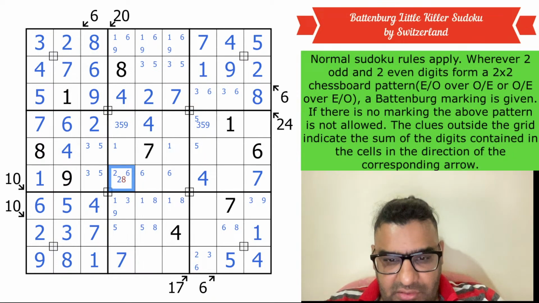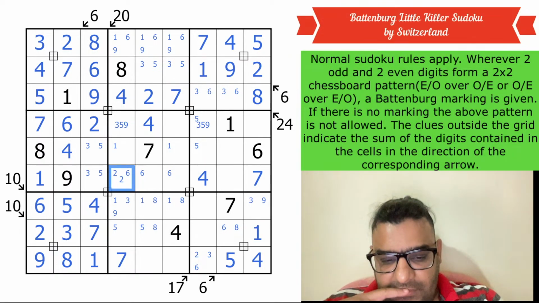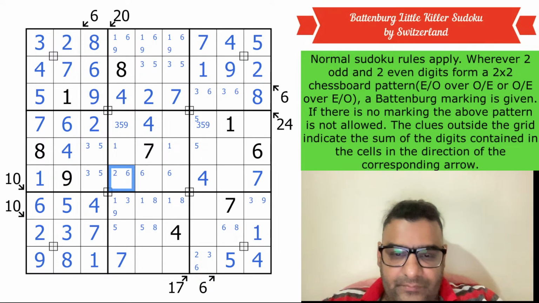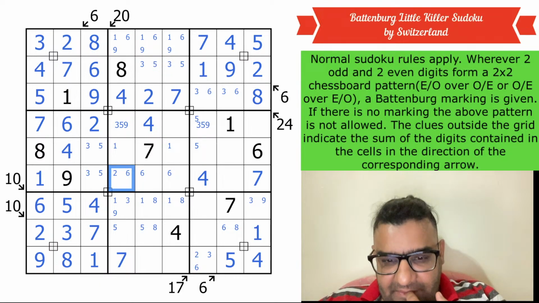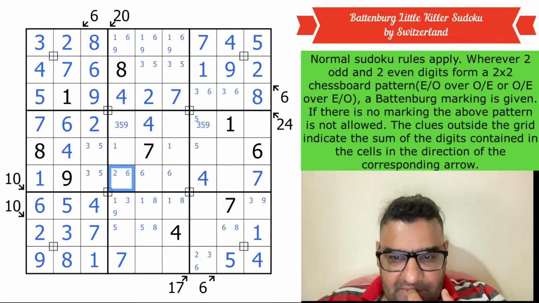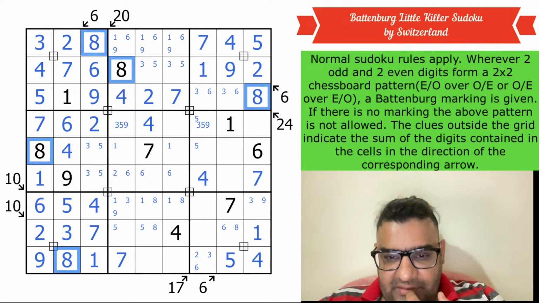So 8, 8 cannot be. So it is either 2 or 6. If 1 is completed, 2 and 6 is completed, where can 8 go? 8 can go in this field.